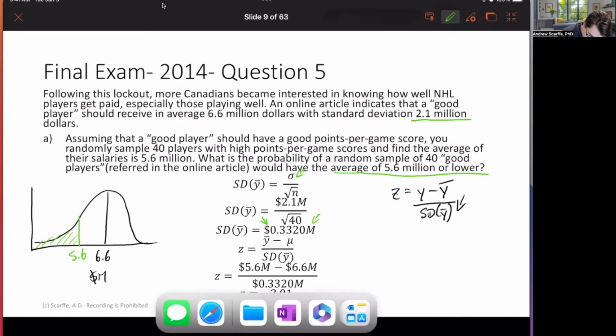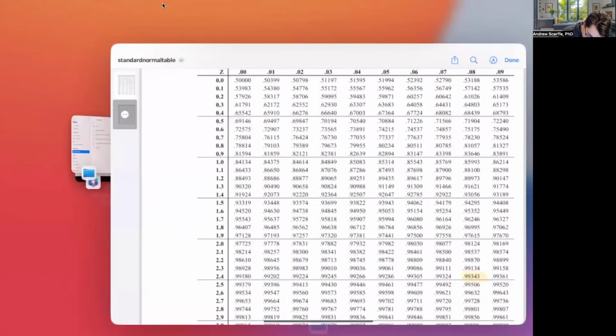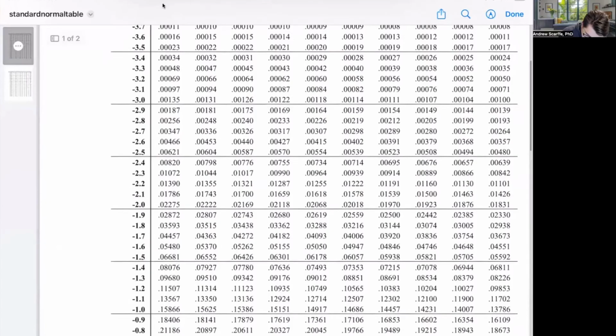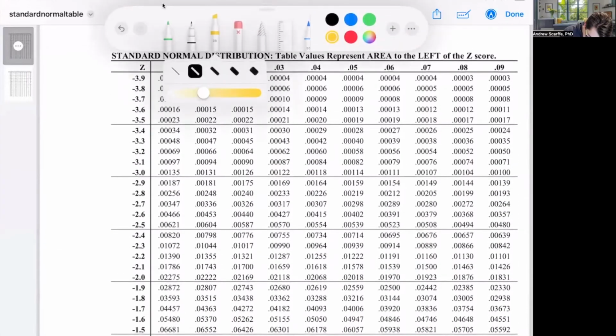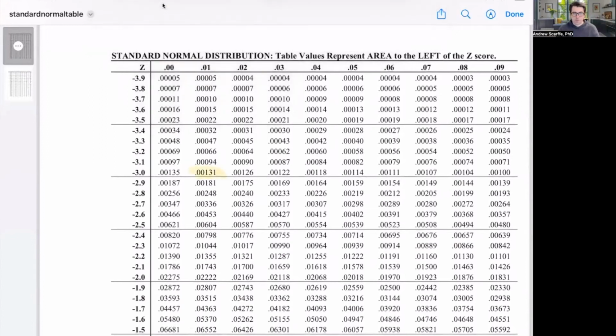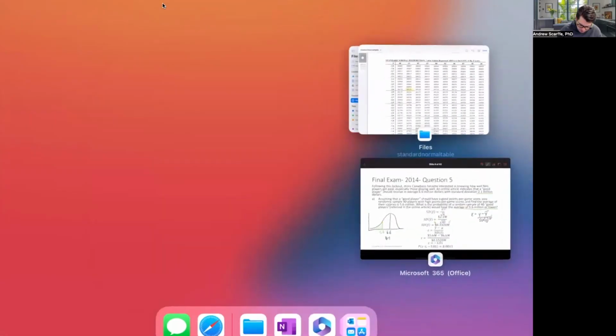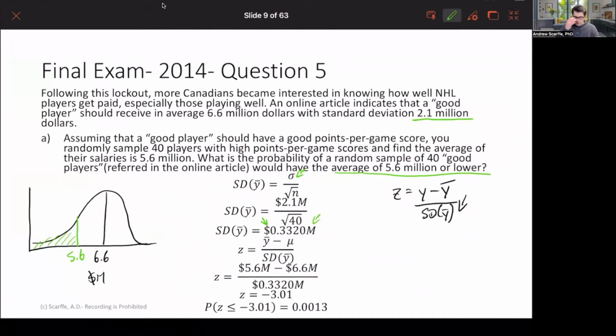And we can go ahead and look that up in our Z table if we want. Negative 3.01. That's going to be right here, and that's the area to the left. We can round to 4 decimal points, so that's just going to be 0.0013, right? Meaning that the probability that it's in this tail is equal to 0.0013.